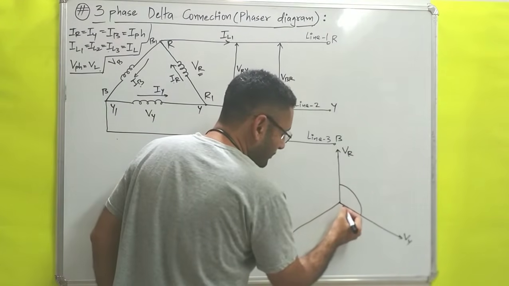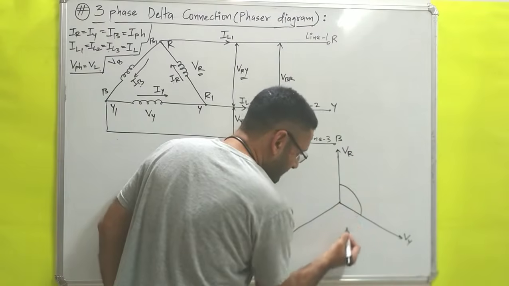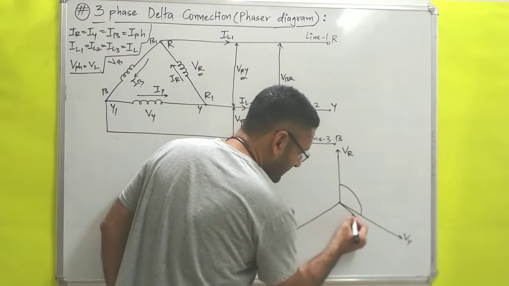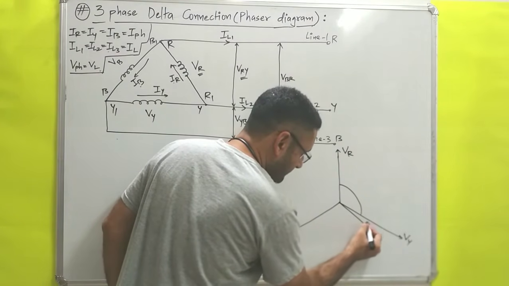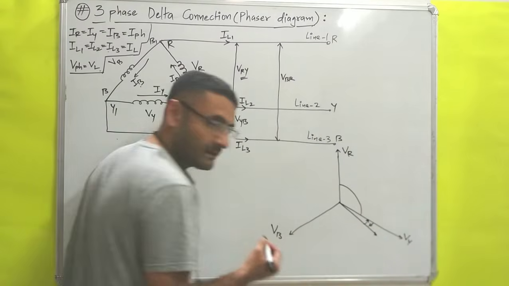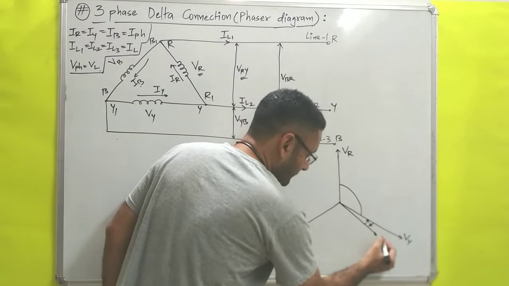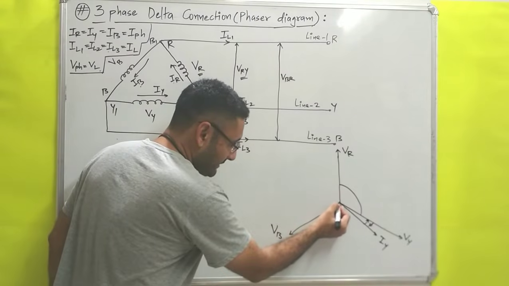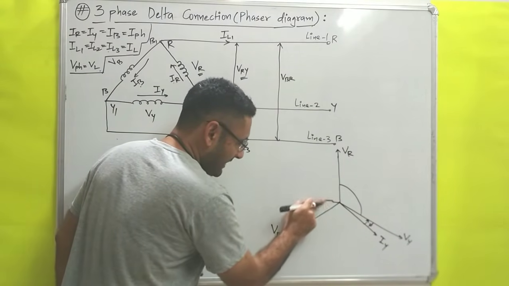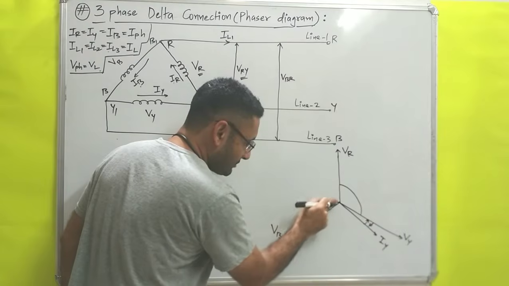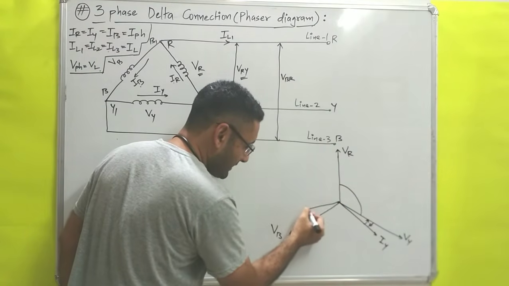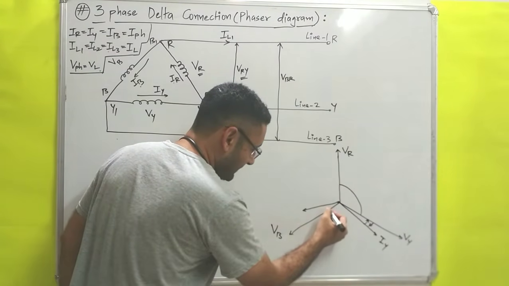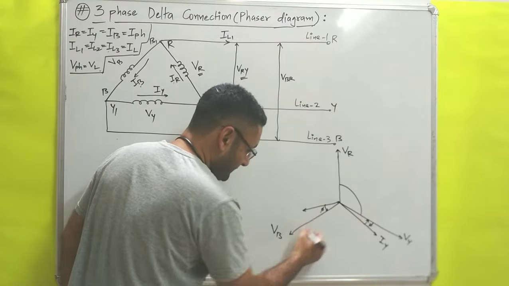So the current lags behind the potential by an angle phi. That is the current in the Y phase. Again, the current in the B phase lags behind the potential, because it is a pure inductive circuit, by an angle of phi.